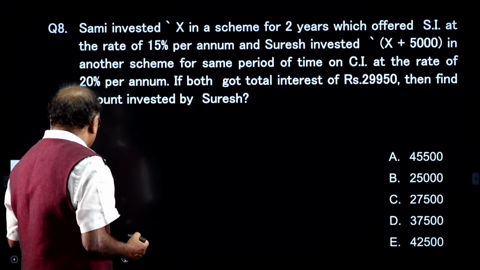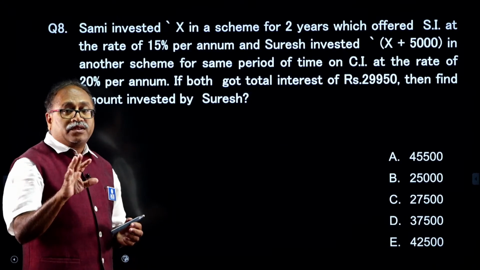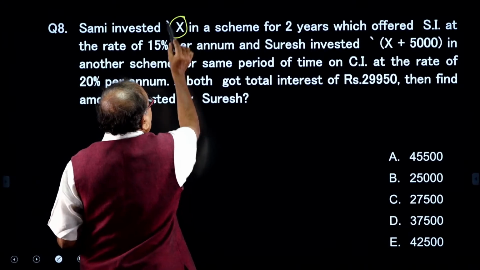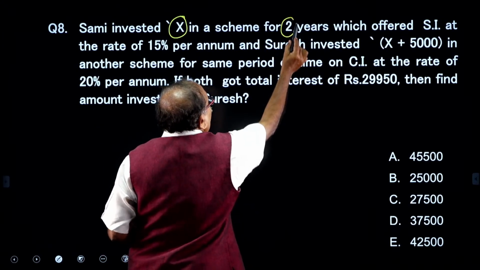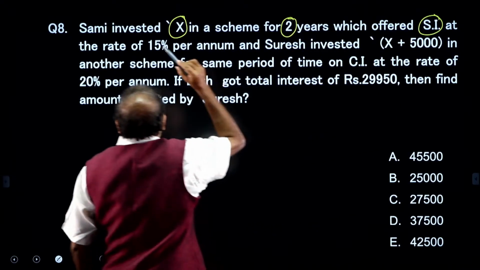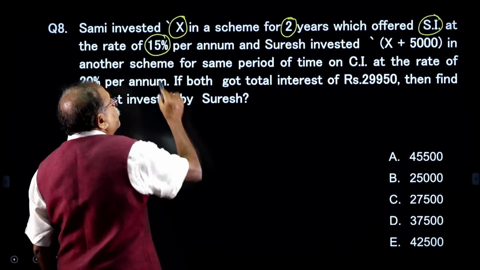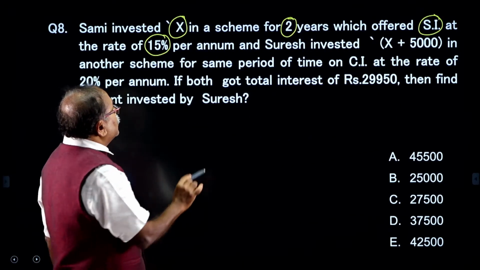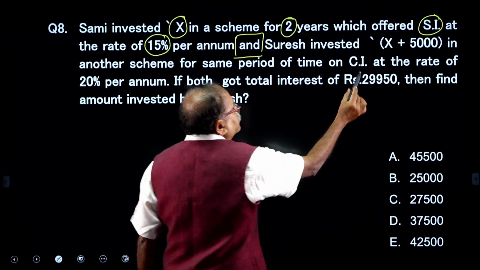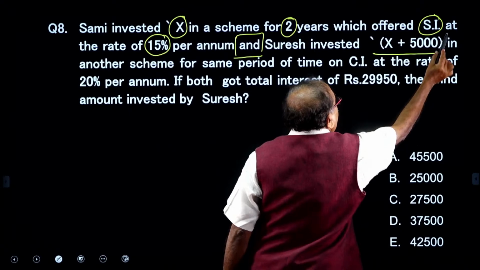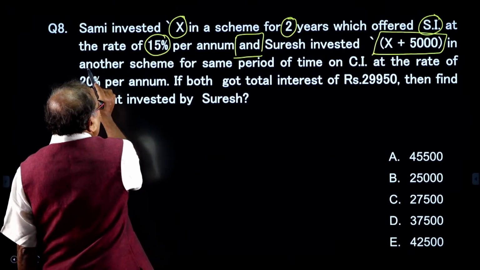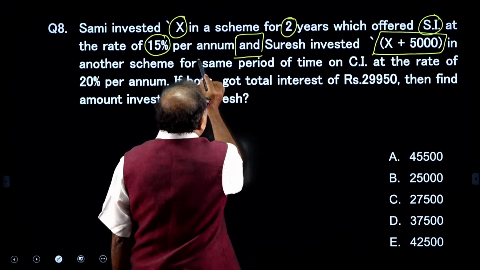Now, let me read this question. Sami invests rupees X in a scheme for 2 years, offering simple interest at 15% per annum, and Suresh invests X plus 5,000 in another scheme for the same period.